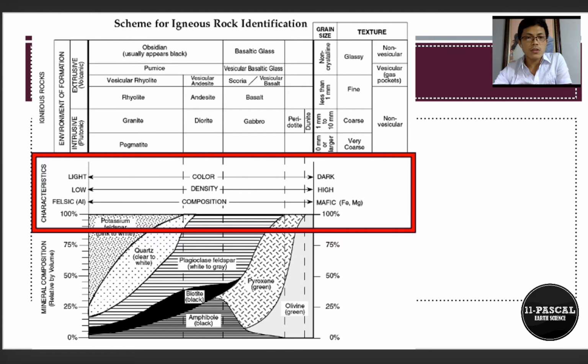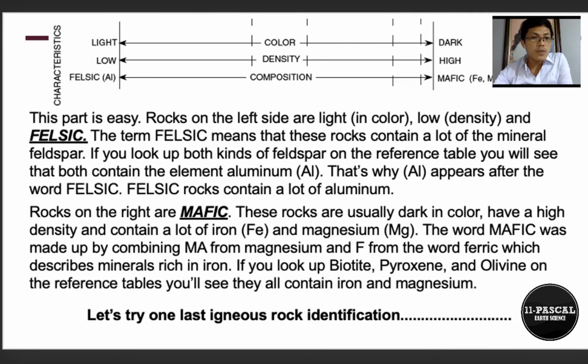So it goes darker and heavier, or it has a high density. So this part is easy. So rocks on the left side are light in color, low density, and felsic. So the felsic means that these rocks contain a lot of mineral feldspar, thereby making it lighter in color. Mafic containing iron and magnesium, and they are dark in colors due to the presence of biotite, pyroxene, and olivine.